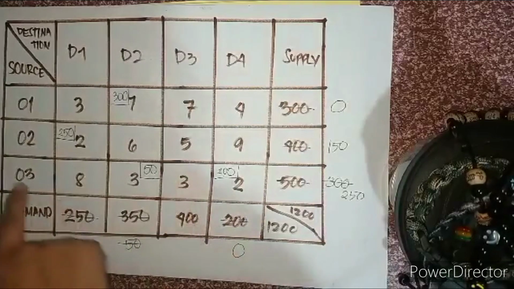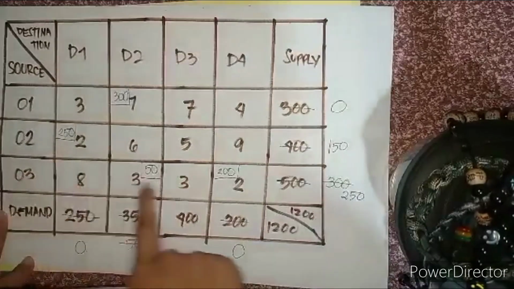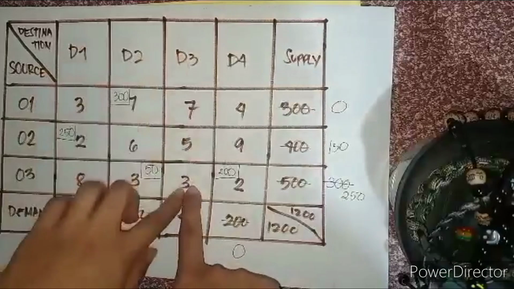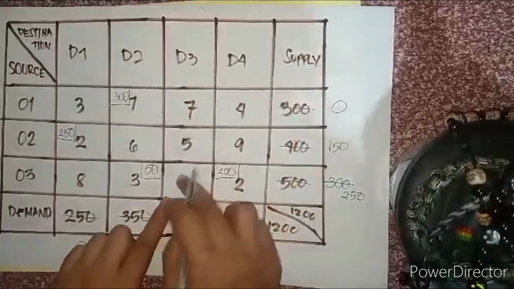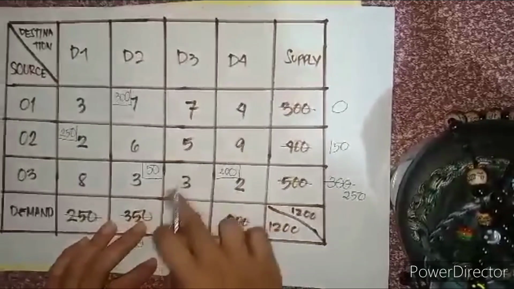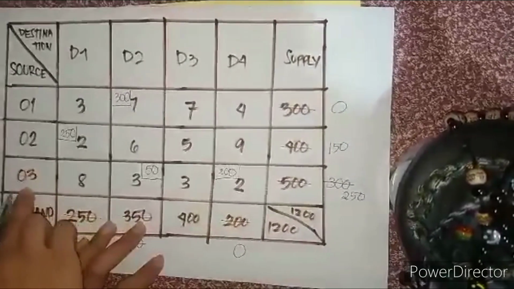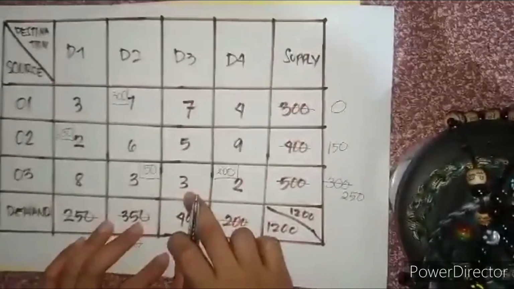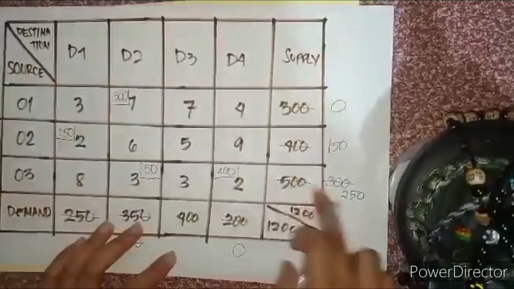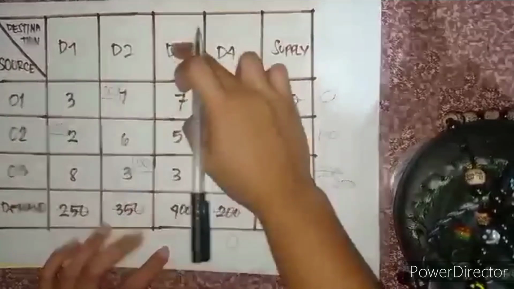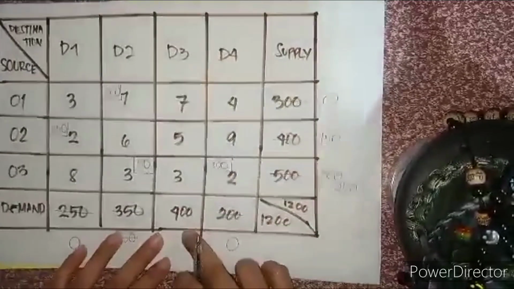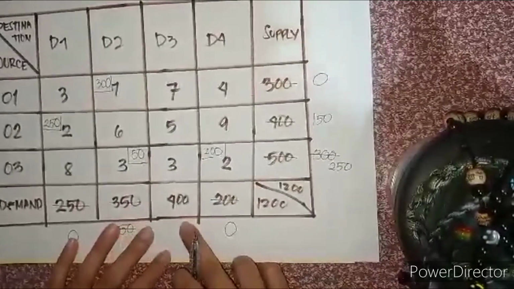And now 03 and column D3, which is the cost of 3. So let's move to this cost. 03 has the supply of 250, and for D3, we have the demand of 400.